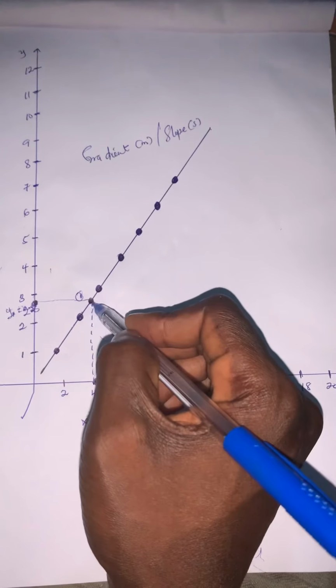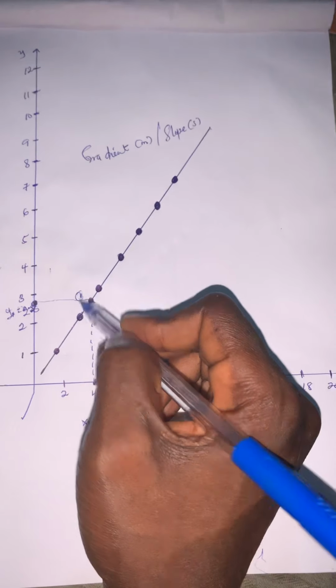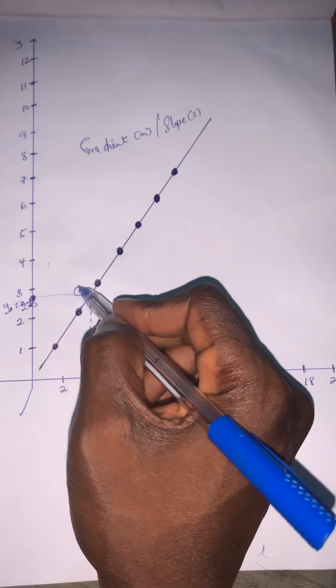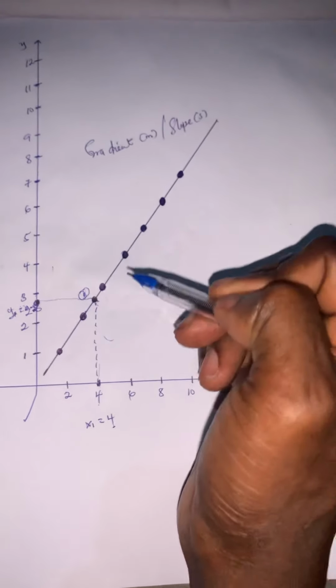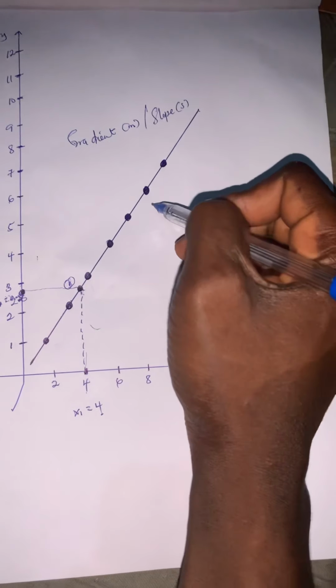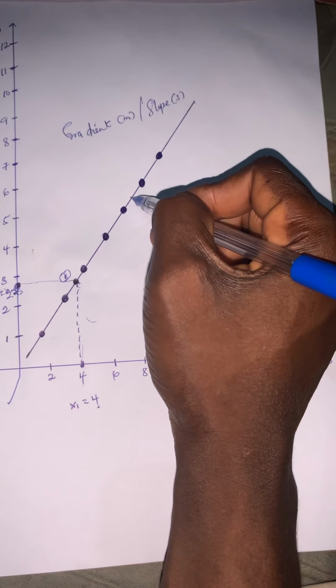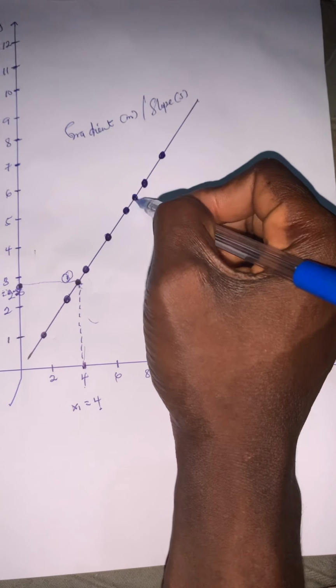Now this point here is what we are plotting on the x and the y coordinate. So after selecting this point to be your point 1, we are going to select another point again. That point will be your second. So let's assume this is the second point you have chosen.